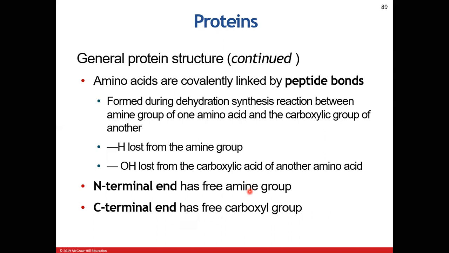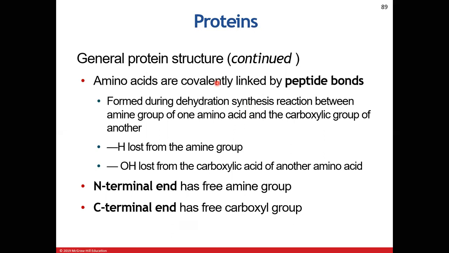When we look at the amino acids, they're all going to be covalently linked by peptide bonds. That's a specific name that we reference for amino acids. And these peptide bonds are going to be formed during dehydration synthesis between the amine group of one amino acid and the carboxylic acid group of another.